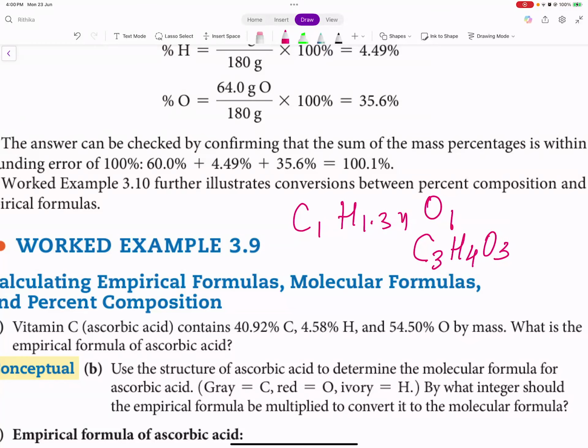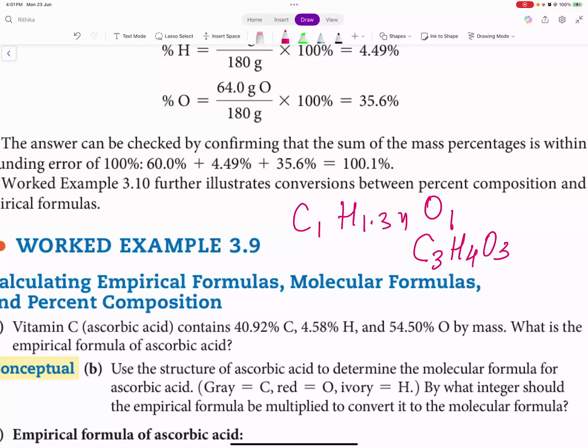And for hydrogen, 4 is 4. How much for oxygens? 3 oxygens? Oh, I did 16 into 4. One sec. Yeah, 88.